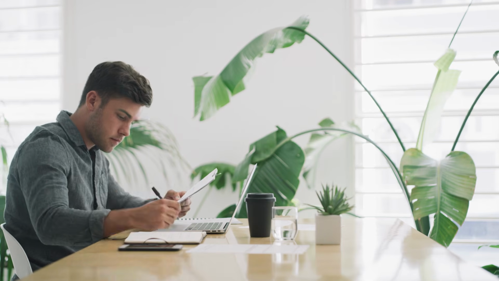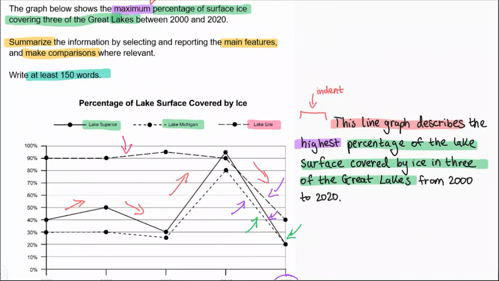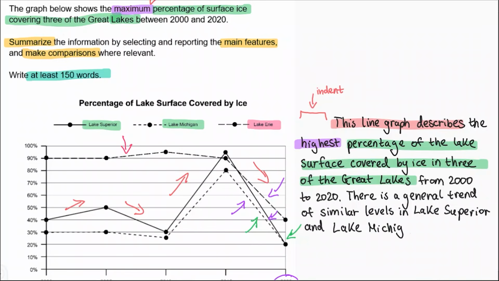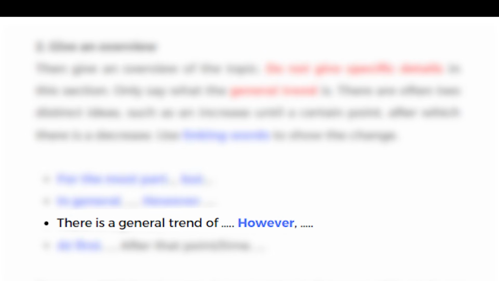After you describe the main idea of the graph, talk about the first trend you notice. There is a general trend of similar levels in Lake Superior and Lake Michigan, while Lake Erie followed a different pattern. There is a general trend of is a sentence starter from my template, so that helps write the sentence.